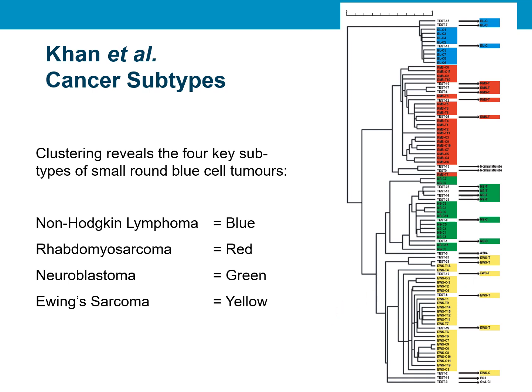So you can see clustering reveals subtypes of samples. It determines closely related samples, but you can also do it with genes.